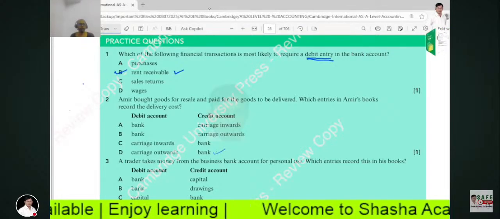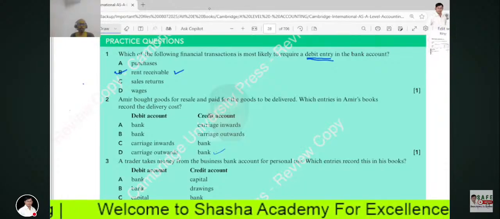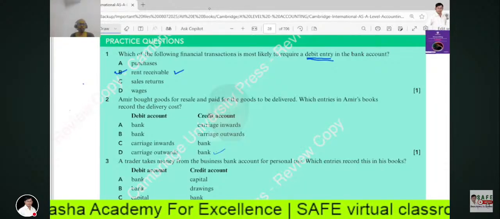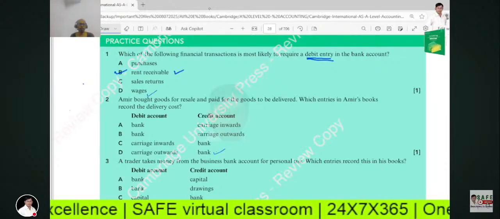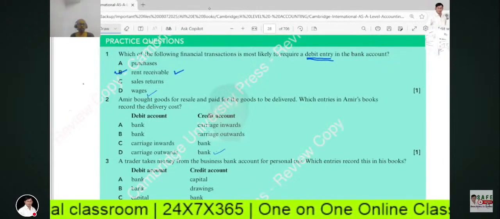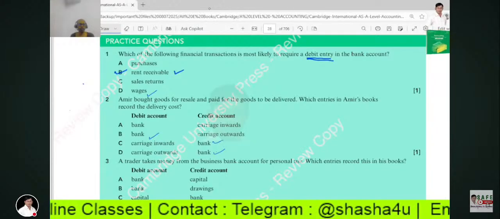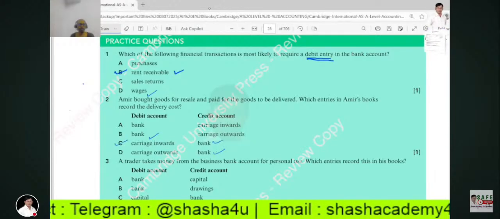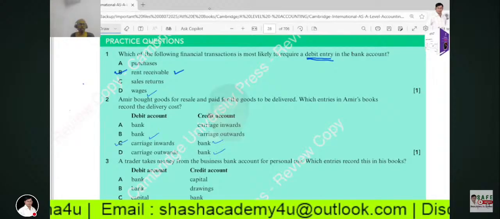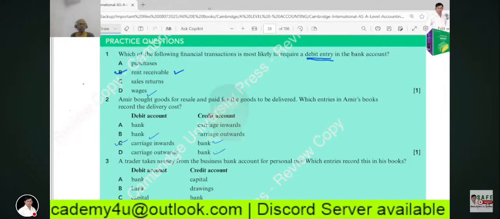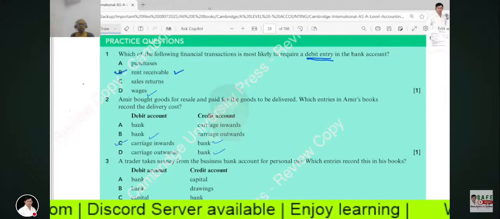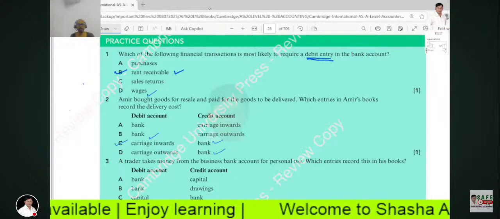So when you are buying goods, you pay carriage. See, the trader takes money from the business bank account for personal use. Which entries record this?